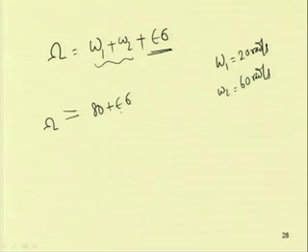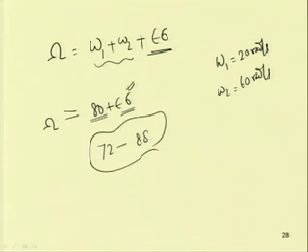To study the nearness, generally one can take about 10% of this. If we take 10% of 80, we can vary this from 72 to 88. So, we have to study the frequency near 72 to 88 radian per second.